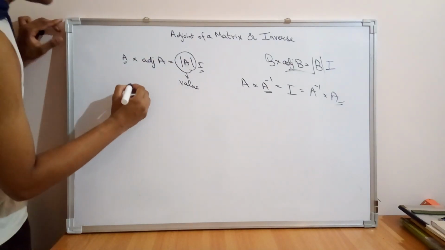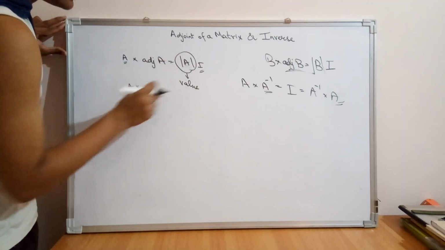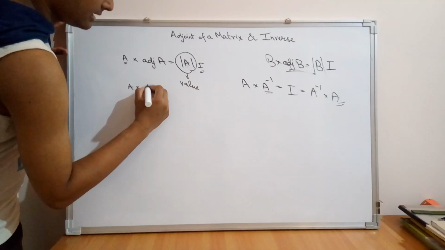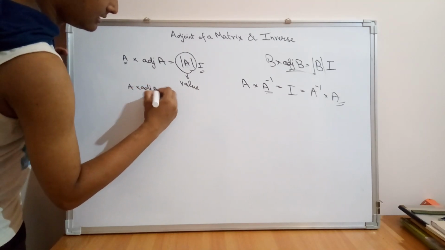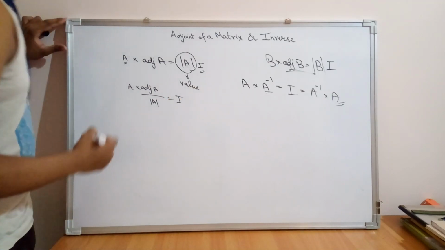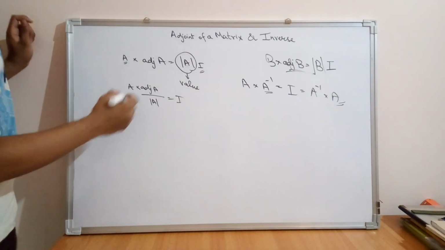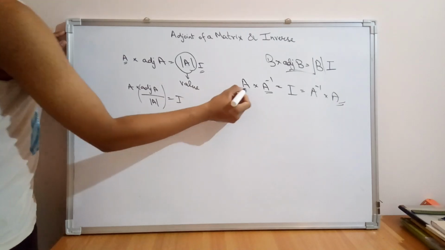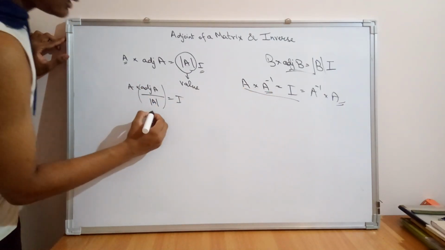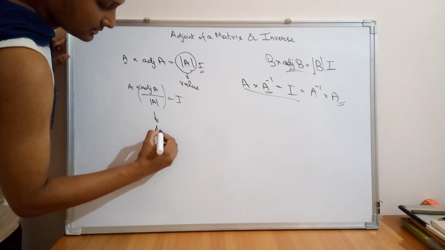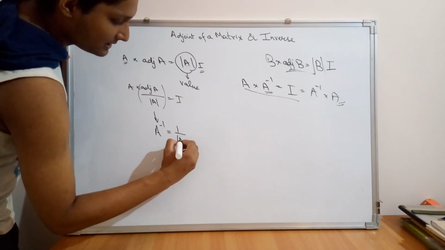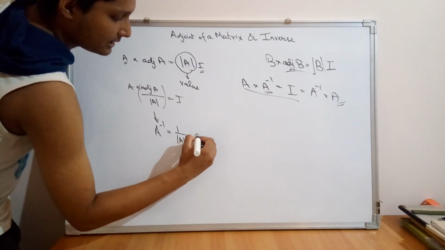So I can write A into adjoint of A divided by det A is equal to I. Okay, this much we got. So this comes to be same as this, right? So I can write this to be A inverse. Therefore A inverse is 1 by det A into adjoint of A.